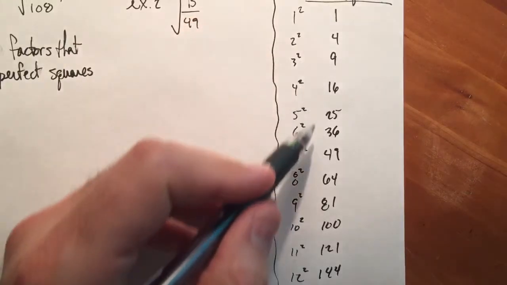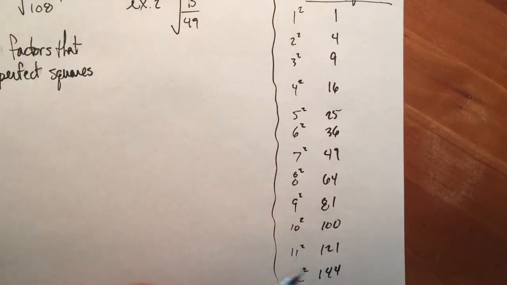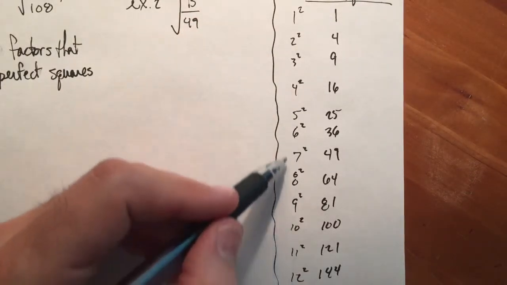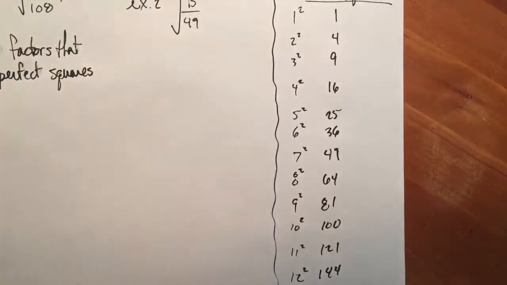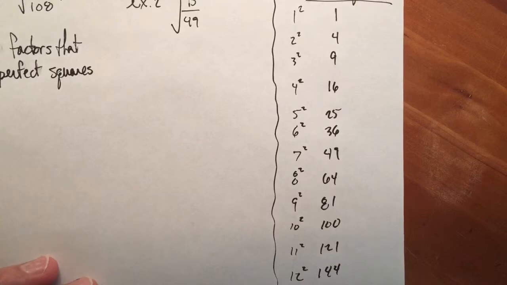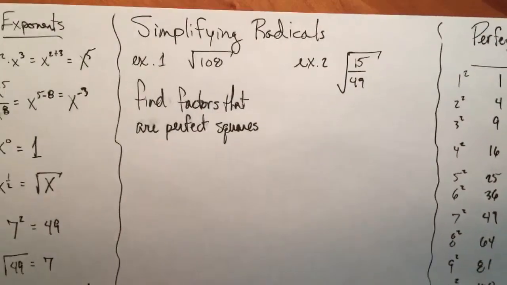Since the square of these numbers is a whole number, these 1 through 12 are perfect squares. So we're looking for numbers that we can easily take the square root of and get a whole number.